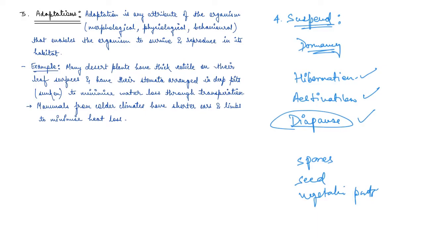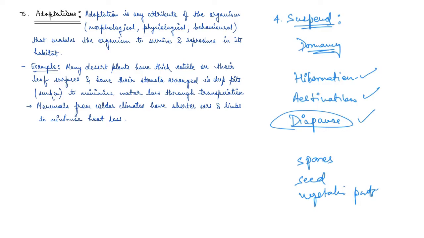So this is a behavioral response. Now all these attributes make them adapt, and this is basically the process which allows the organism, morphologically, physiologically, or through its behavior, to survive and reproduce in a particular habitat.